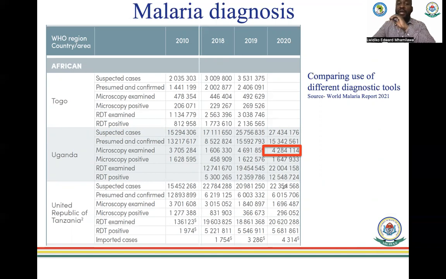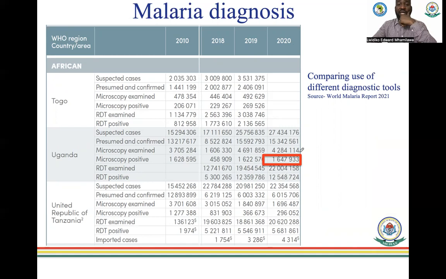And out of the ones that were microscopy examined, how many of them were positive? 1 million, right? So out of the 27 million that were suspected, only 1 million came back microscopy positive in 2020.